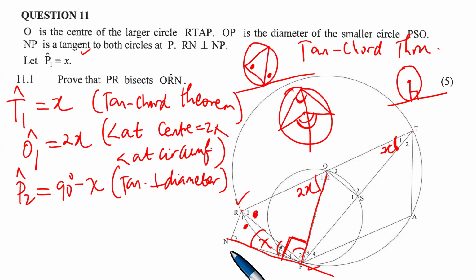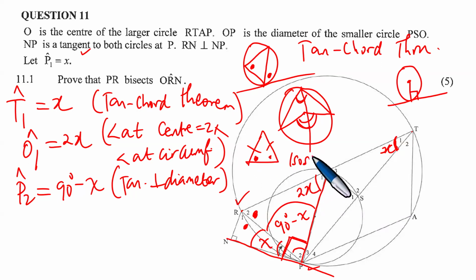Let us think of this. What is the angle R2 if this one is 90 degrees minus X? And now you have an isosceles triangle. In this triangle that has 2 sides equal, it's called an isosceles triangle.